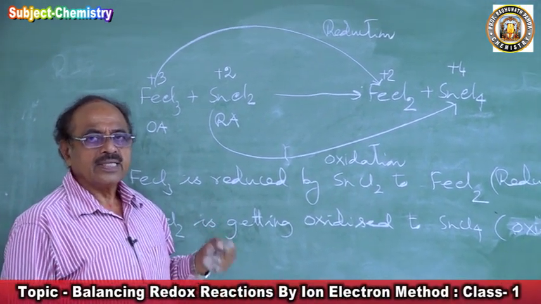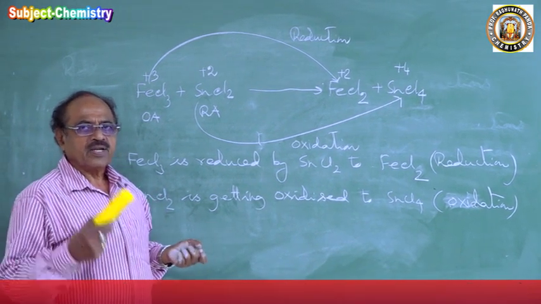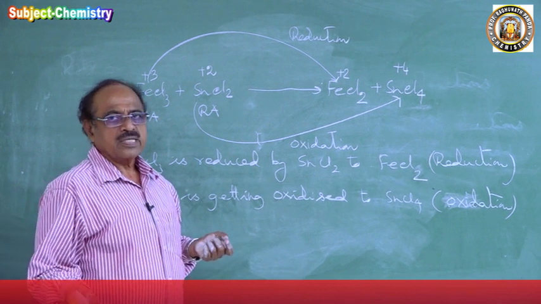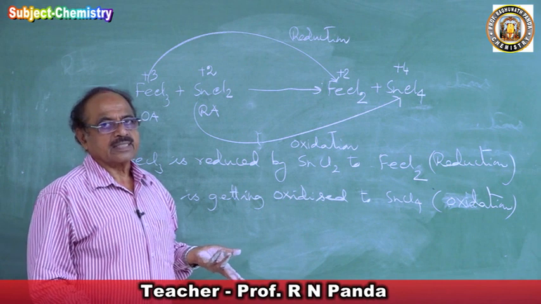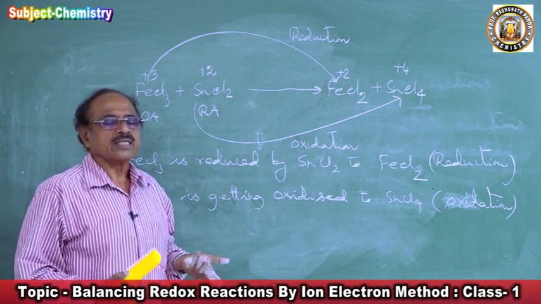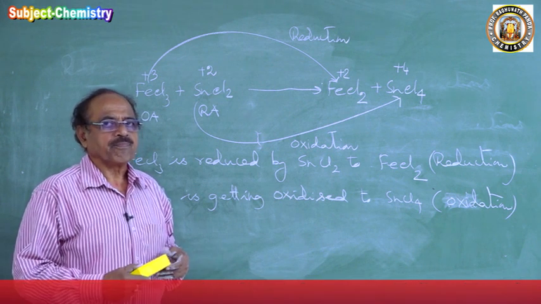Hence during reduction, oxidation also takes place. So every reduction reaction is supported by an oxidation, and every oxidation reaction is supported by a reduction. Hence oxidation and reduction take place simultaneously.